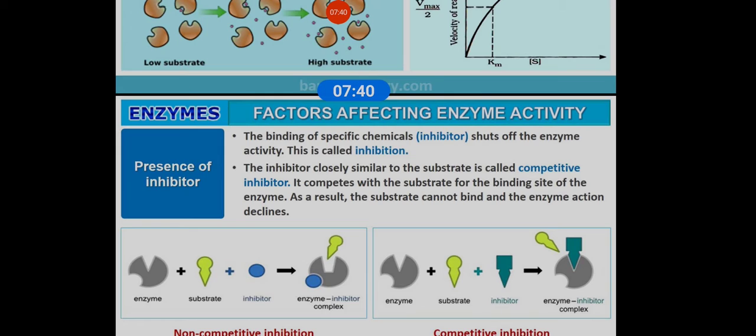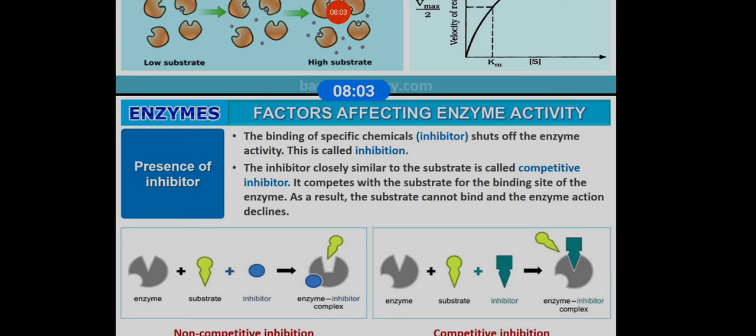So you can see over here, the gray color is the enzyme, substrate, inhibitor. Now the inhibitor is combining with the enzyme, and when the inhibitor combines with the enzyme, you can see structural changes occur in the enzyme, and now the enzyme cannot combine with the substrate.